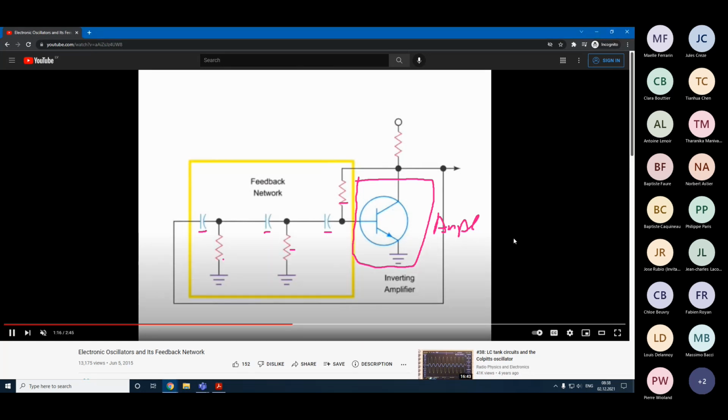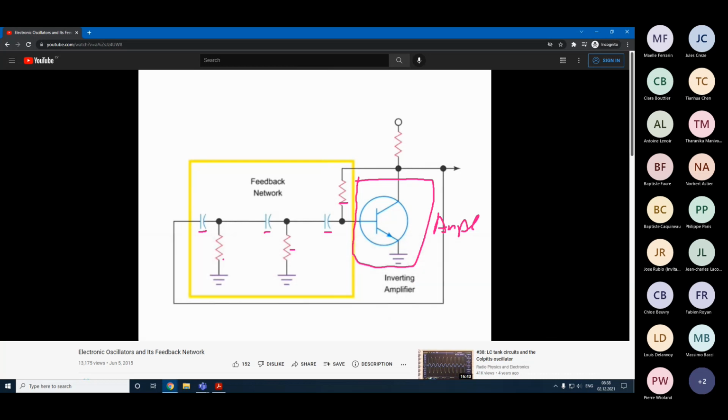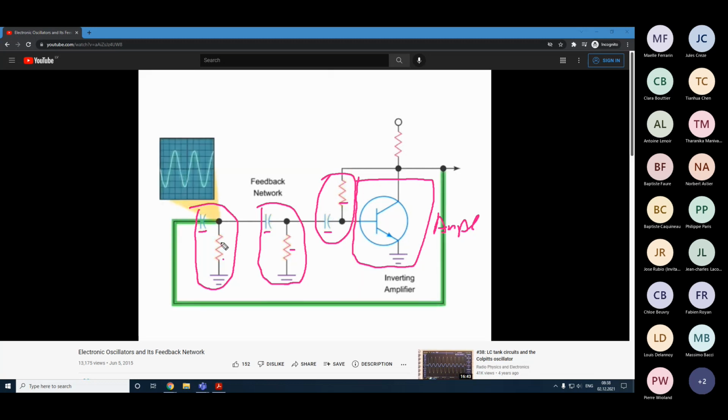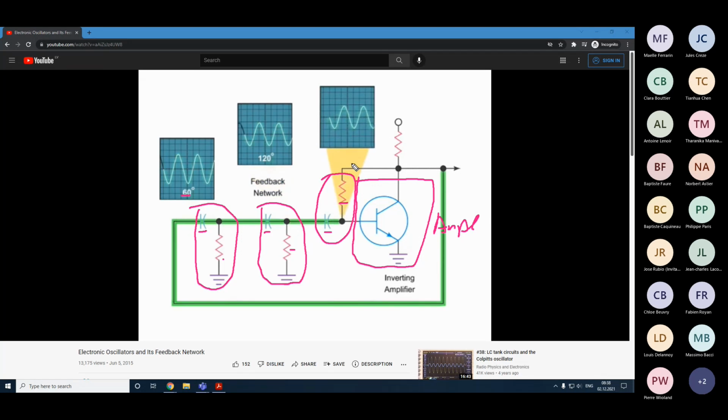So how is it working? Basically, each of these is a similar circuit, a capacitor and resistor connected in series. What happens here is one such circuit will shift phase by 60 degrees and accordingly have some small amplitude decrease, another 60 degrees and another decrease, and the last 60 degrees. Accordingly, this gives a total of 3 times 60, which is 180 degrees.